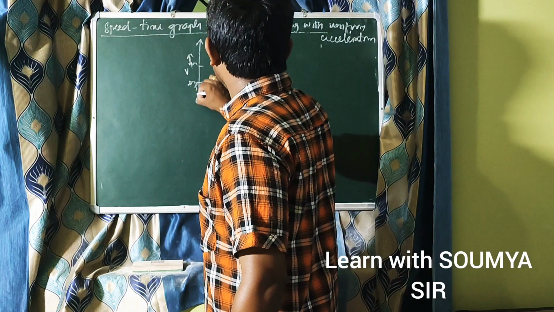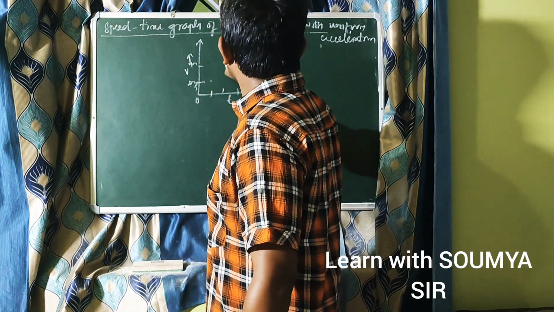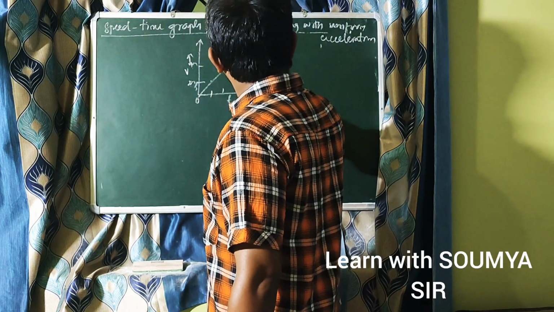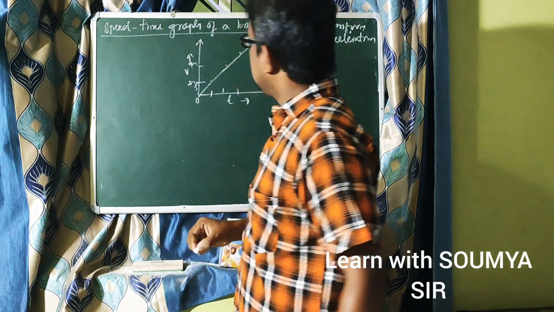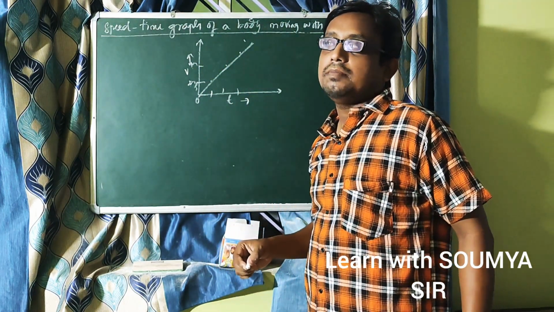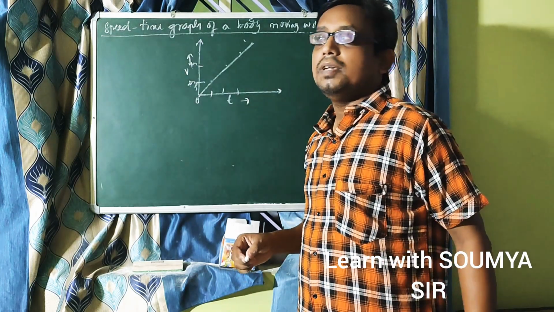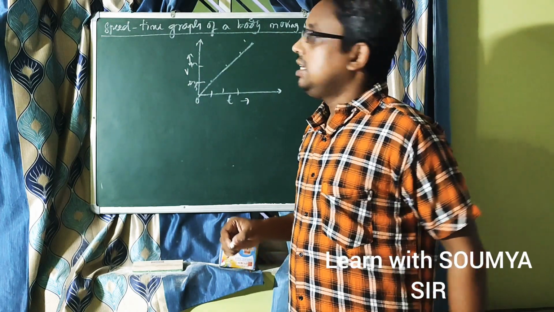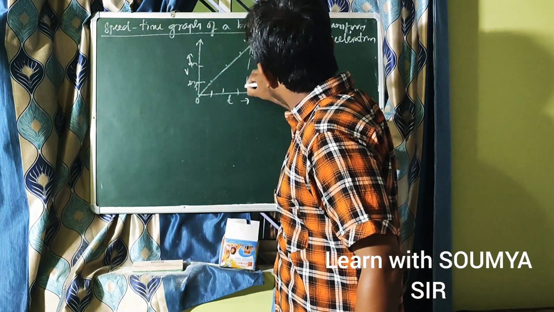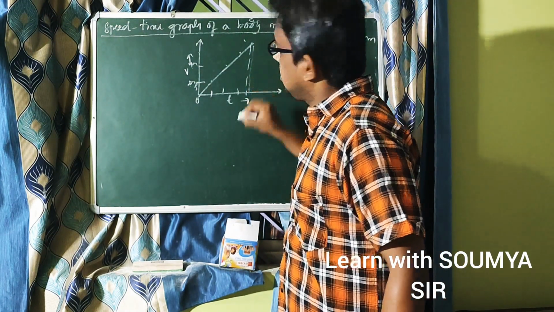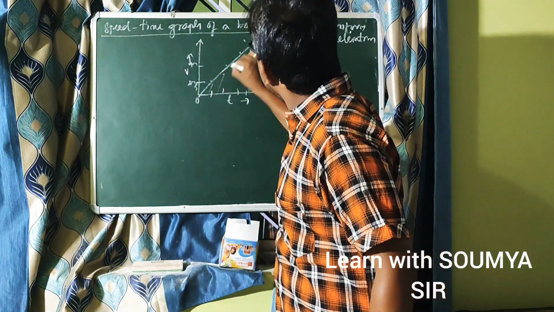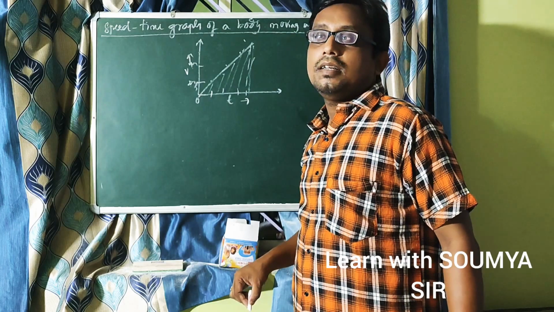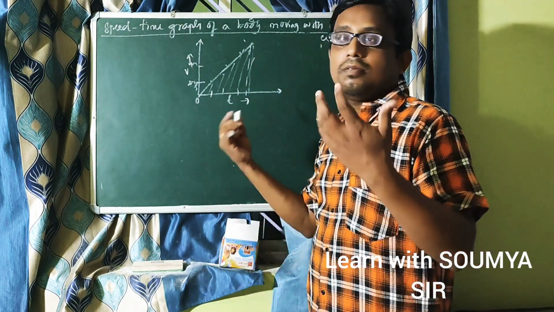If I plot the points, I'll find a straight line passing through the origin. This is the velocity time graph of a body moving with uniform acceleration. Now, if I join here with a vertical line, it is a triangle. The area bounded by this graph can give us the distance covered by the body.